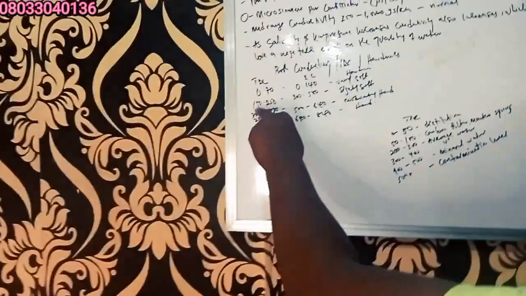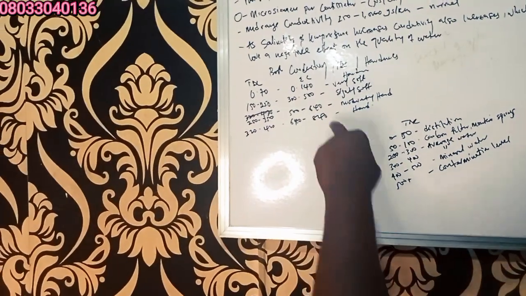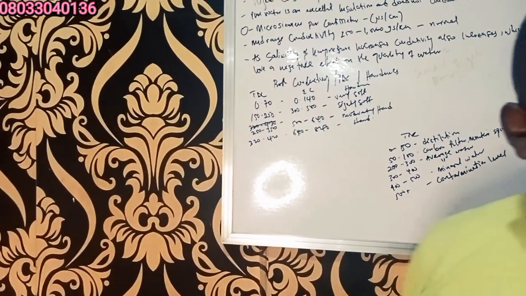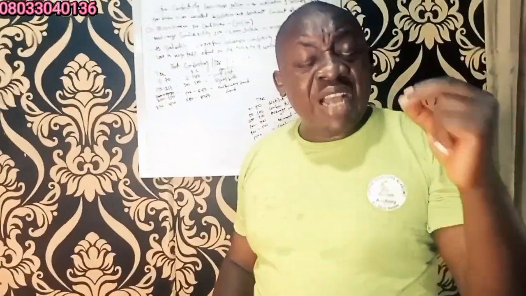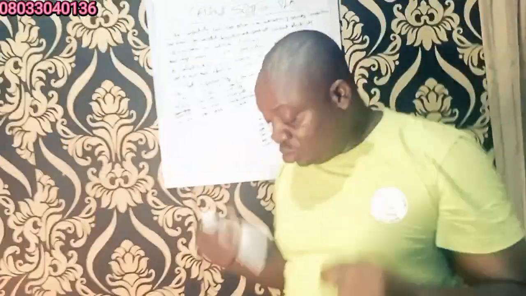By the time I checked here, it stands between here, and it's still telling me I have a slightly soft water which can still be used, which is very good to use.